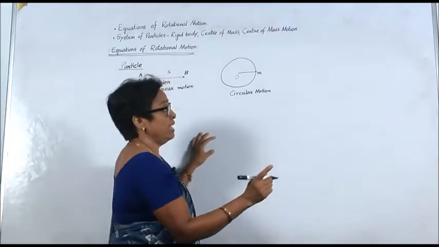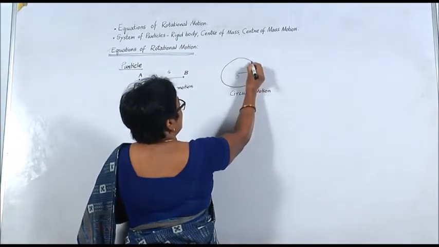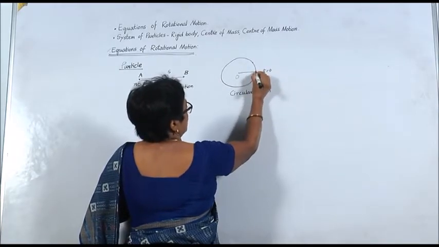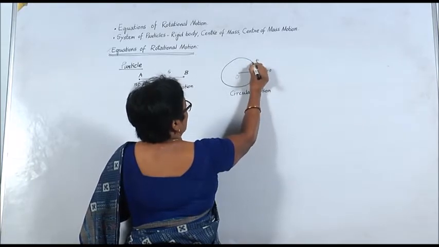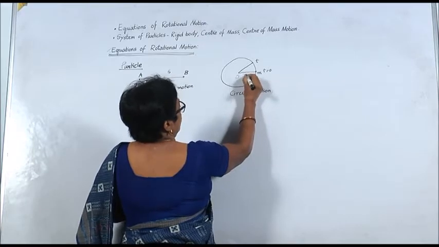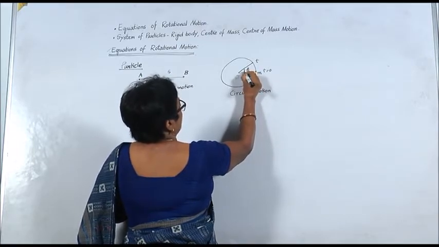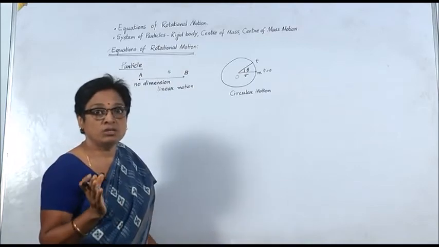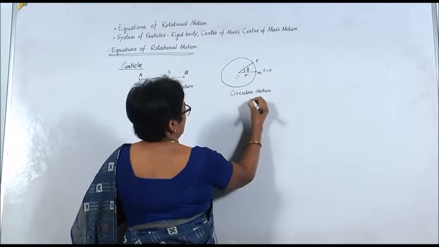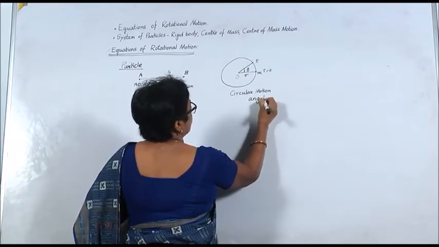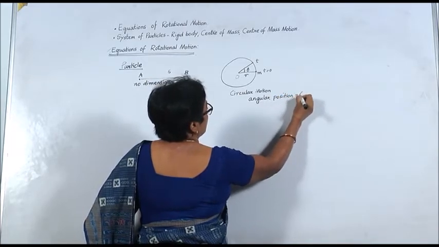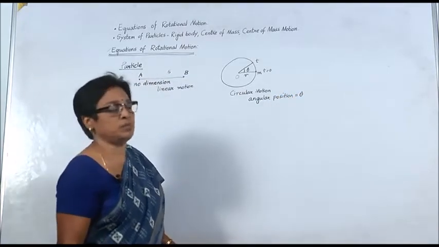From that reference line, initially at t equal to 0 the mass was here, at time t the mass is here. So, the radial vector has crossed through an angle theta. This is its angular displacement, or angular position is determined by the angle covered by the body.